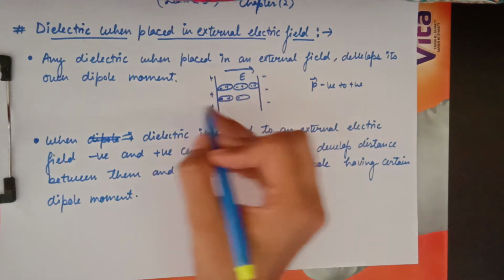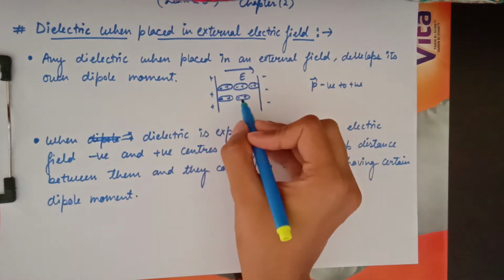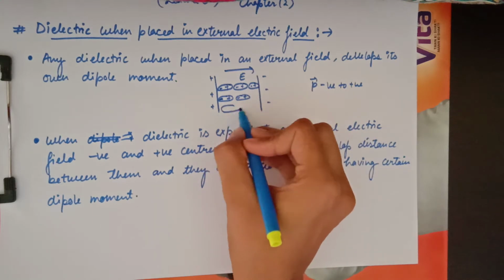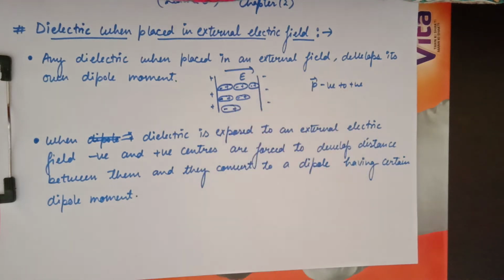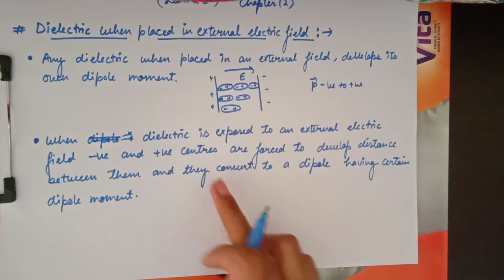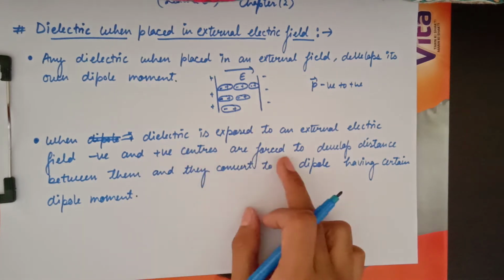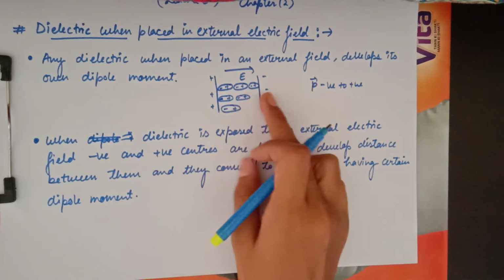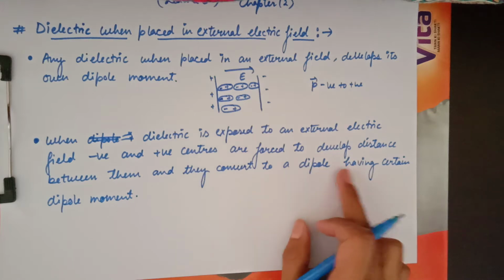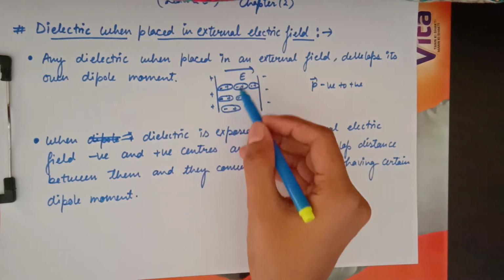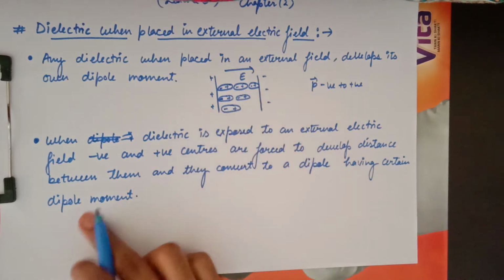The negative side will be attracted towards the positive plate, and the positive side will be attracted towards the negative plate. So the negative and positive centers are forced to develop a distance between them, and they convert to dipoles having certain dipole moments.